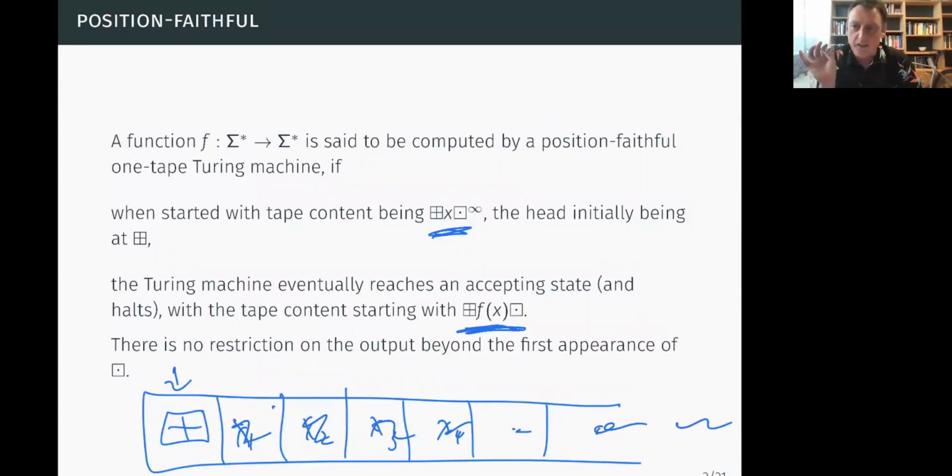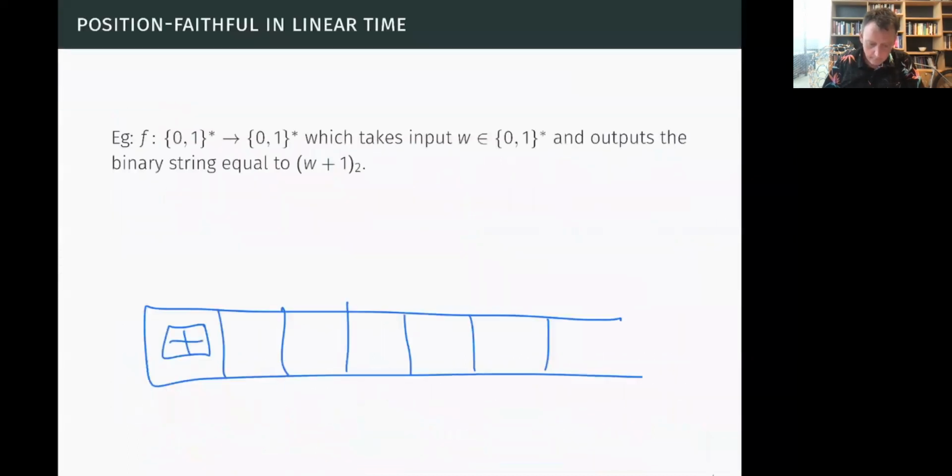It could be anything. So you could use that final piece to the right to do some sort of storage as you're going along. So there's no restriction. That's how we consider the output of the tape. You might think it's a pretty contrived, unnatural definition, but that's what we have in the literature. That's the position-faithful Turing machine.